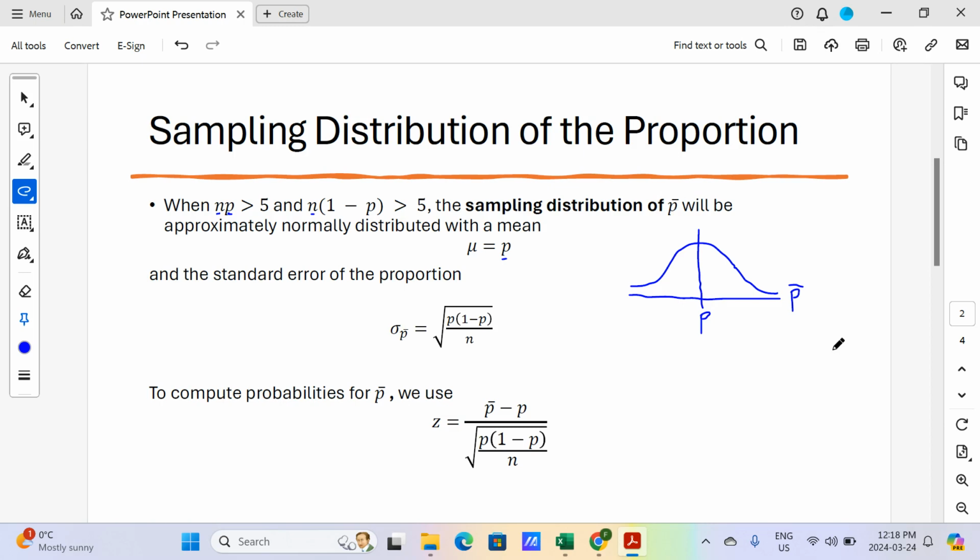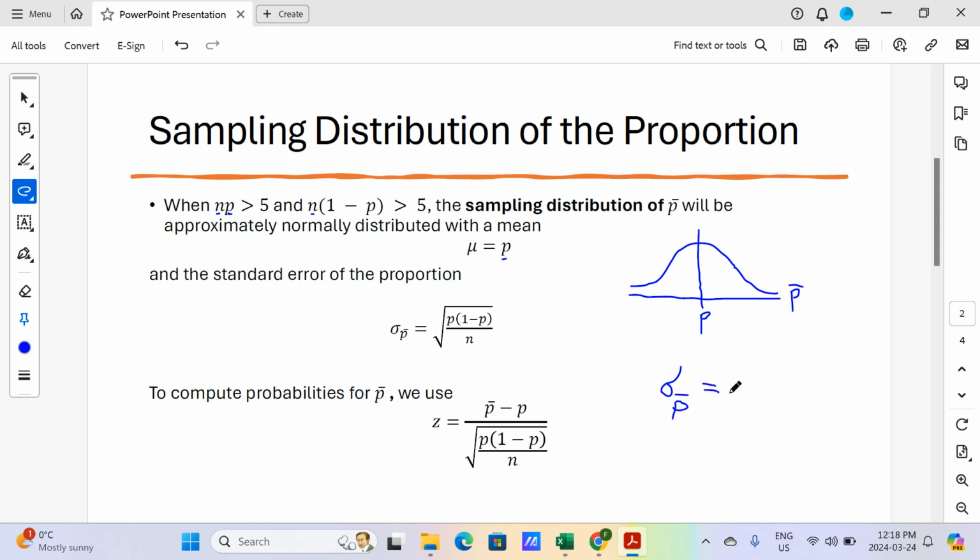What about its standard deviation? Because as you know, any normal distribution has two parameters, mean and standard deviation. The standard deviation of this normal distribution is sigma p bar, because it's the standard deviation of the distribution of p bar.